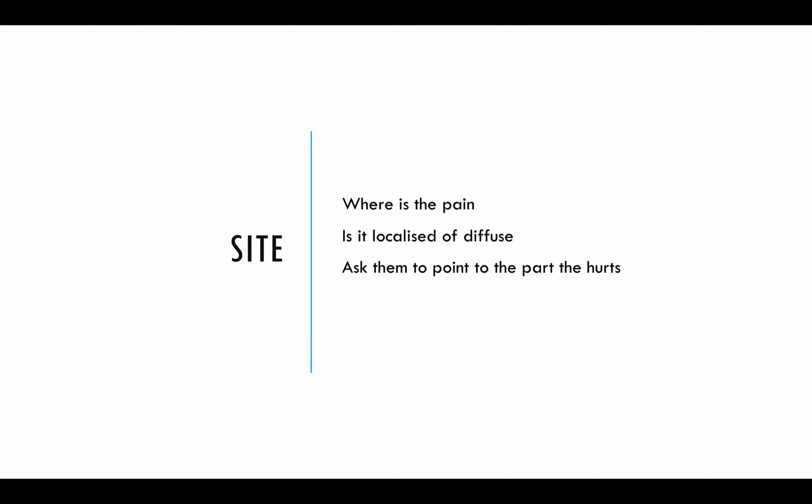Sometimes the description you'll get versus a finger point will be quite different. Even if it is diffuse, it may be just central abdomen, it may be on one side of their abdomen, it may be a generalized ache that they can't pinpoint, but really try to tease out where the pain is as best you can.